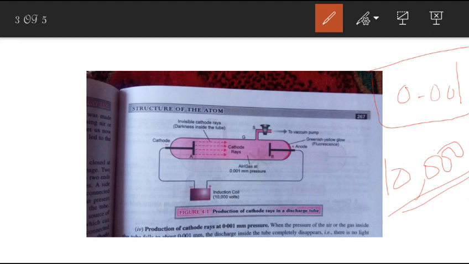The tube becomes dark, and on the wall that is opposite to the cathode, a fluorescence was produced. He observed that light struck the positive terminal. This shows that there are some rays which came from the cathode, and they fall on the anode.